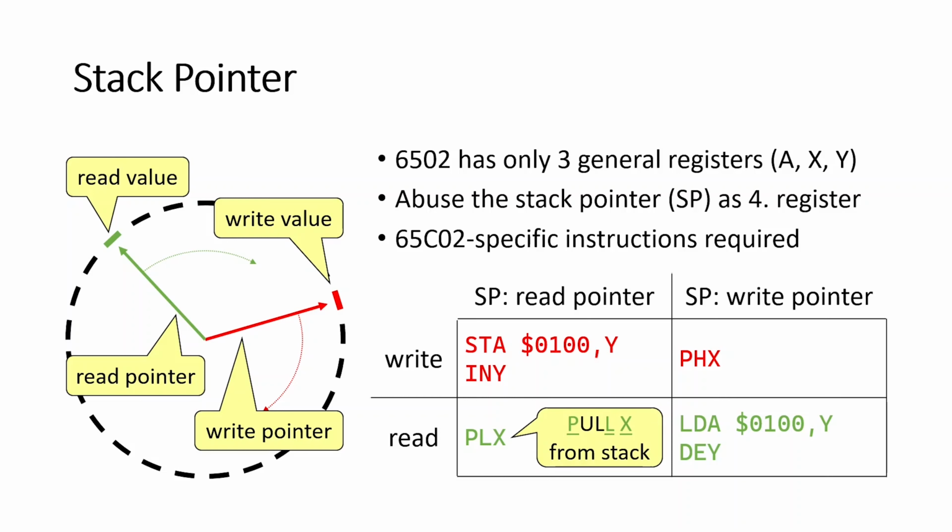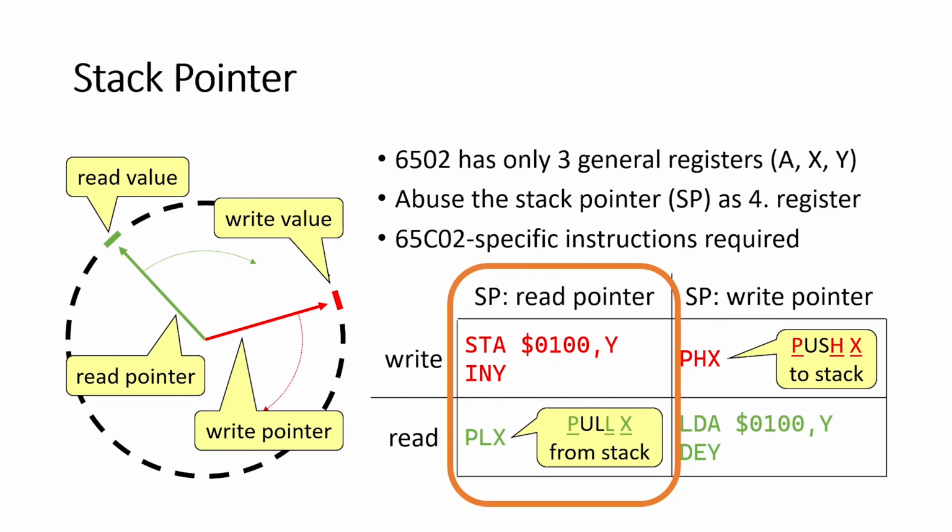Or you use the stack pointer as write pointer of the ring buffer using the push X to stack instruction and read in the ordinary way. The write approach is a little bit faster. Nevertheless, A2Stream uses the left approach because it needs to read from the ring buffer all the time. So this is more important to A2Stream.